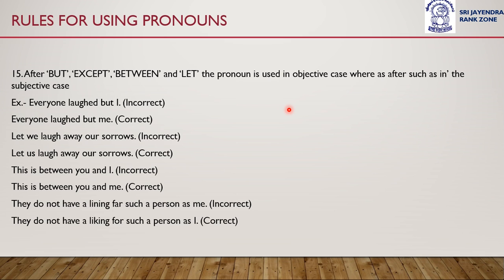Alright, with between, except, but, and let, we will be using the objective case. They do not have a liking for such a person as me. It is an incorrect statement. Why? Because the correct statement would be they do not have a liking for such a person as I. Alright, instead of me we will be using I.